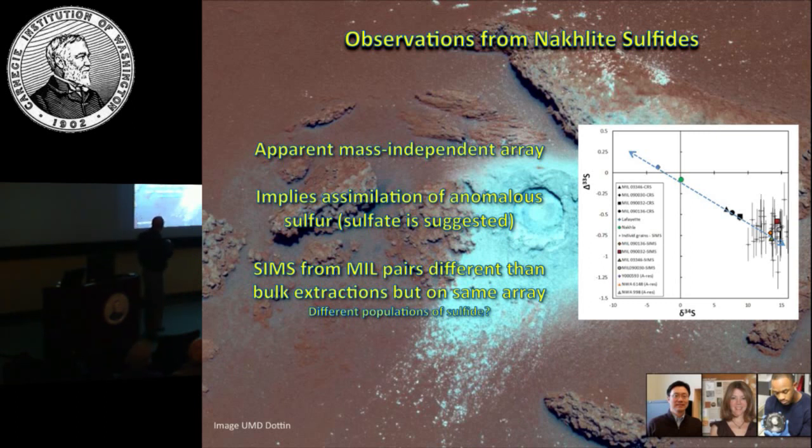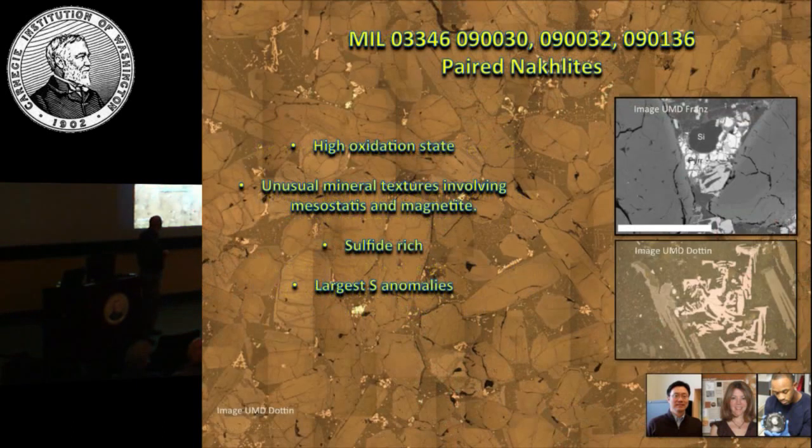So we see that we have this assimilation signal. We think that it's sulfate that's assimilated. There is this difference between the ion probe analyses and the bulk analyses. We take bulk meteorites and dissolve them up. I'm not so worried about that difference, and I'll explain why that is. I think it's possible that it's either different parts of the meteorites or different populations of the meteorites. So we can go through that.